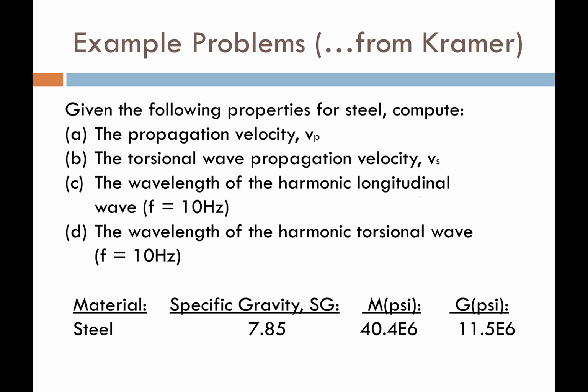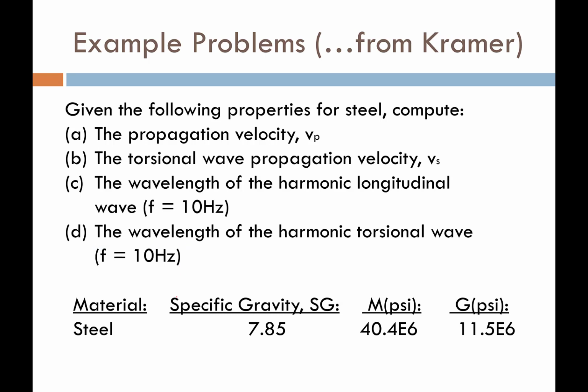Let's compute the wavelength if we're putting in harmonic loading at a frequency of 10 hertz, so 10 cycles per second of loading. And then let's look at the wavelength from a harmonic torsional wave if we apply a torsional wave at the same frequency of 10 cycles per second.